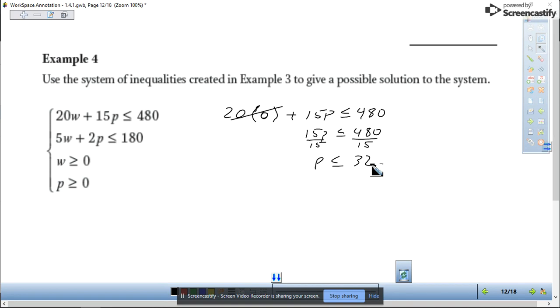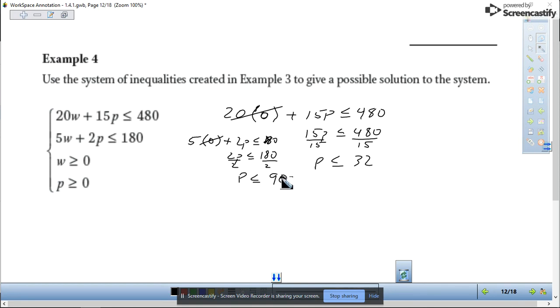And then for the second one, we're going to do the same thing. So for the painting part, 5 times 0 plus 2P has to be less than or equal to 180. That goes away. We're talking about 2P is less than or equal to 180. Divide by 2, divide by 2. P is less than or equal to 90.